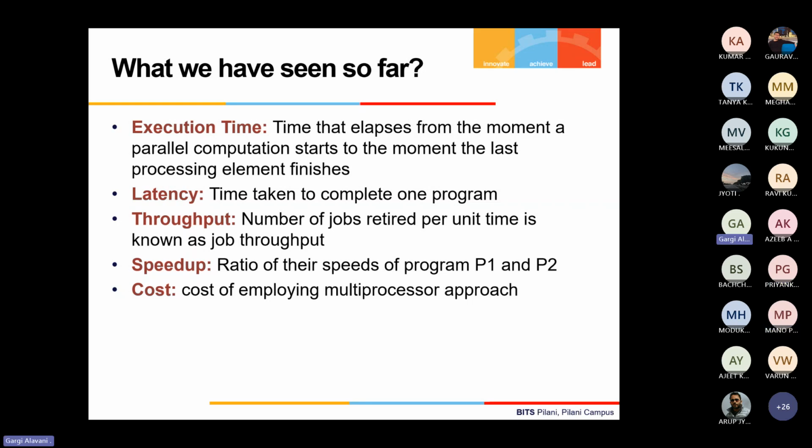It will depend on which latency you're trying to calculate. You can calculate it for the whole program, or for one particular instruction; it is the delay taken to complete that task.